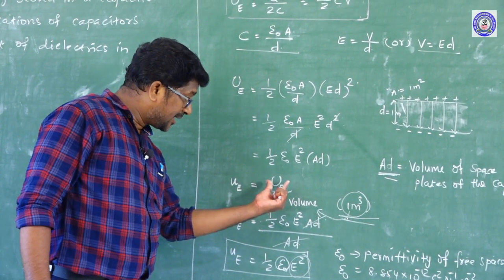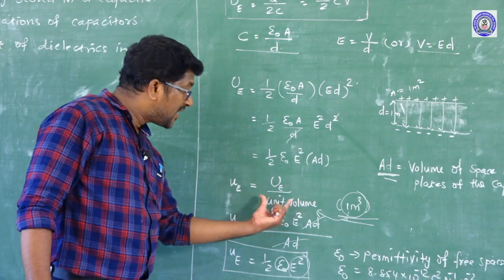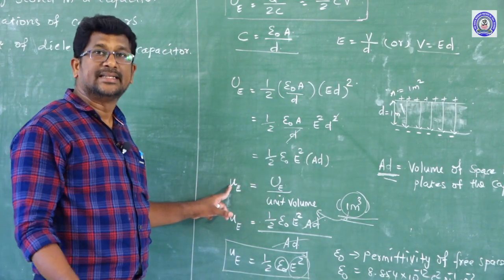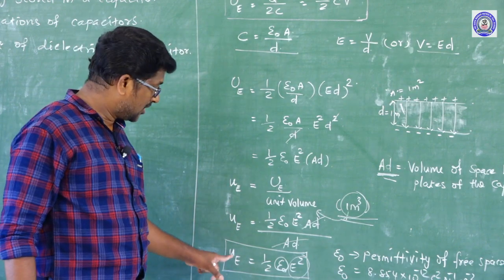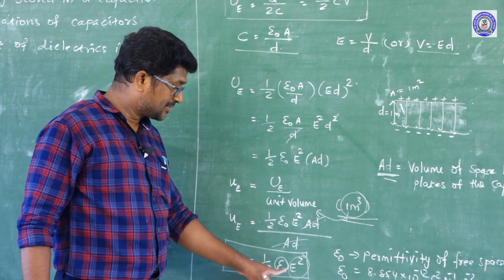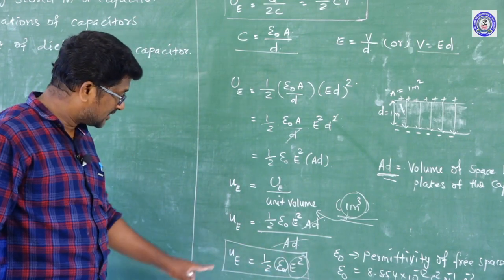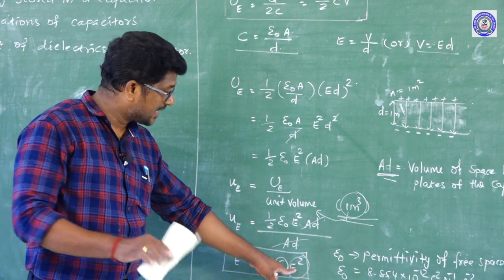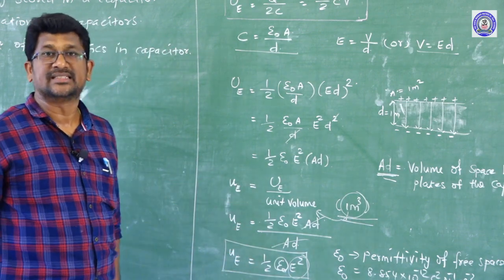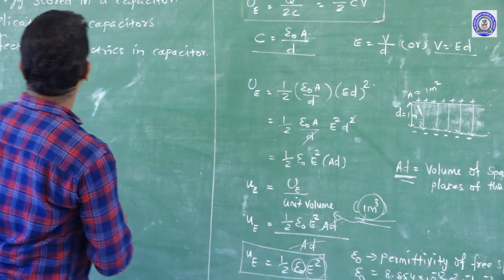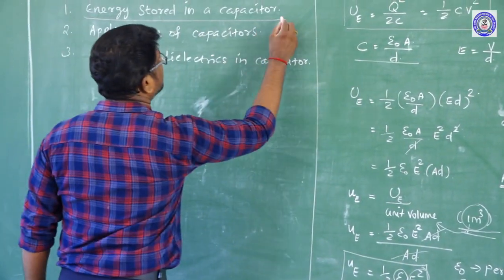Total electrostatic potential energy of the capacitor per unit volume of the space between the plates is nothing but energy density. From this equation it is clear that energy is stored in the capacitor where the electric field exists. So this is about energy stored in the capacitor.